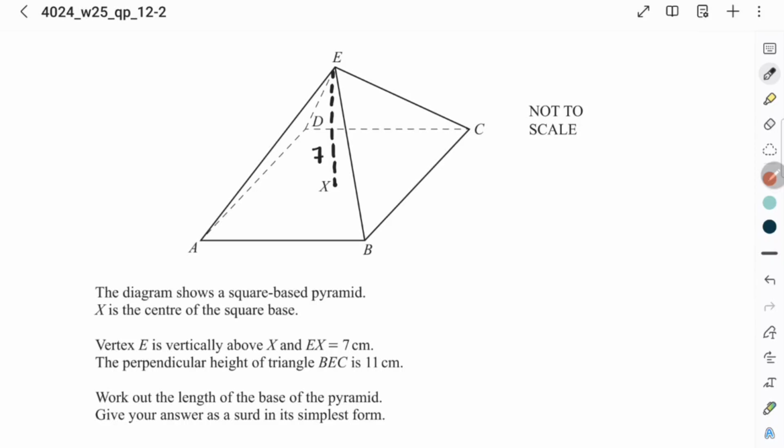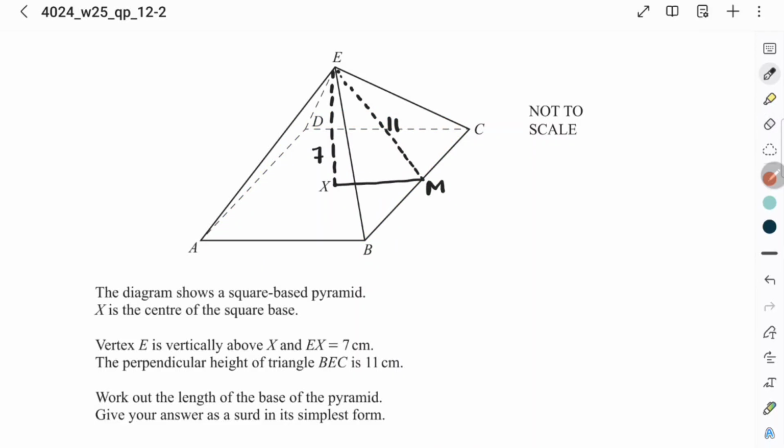The perpendicular height of BEC is 11 centimeters, which will fall in the middle because it's a square base. Work out the length of the base of the pyramid, and we know that all the lengths are equal because it's a square base. So let's join these two because it's in the middle.